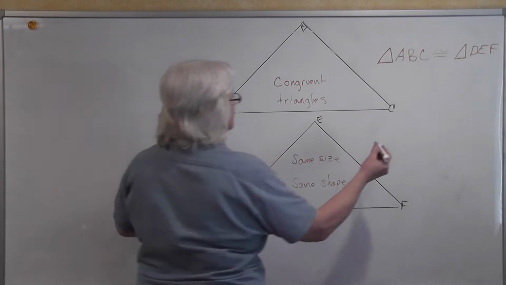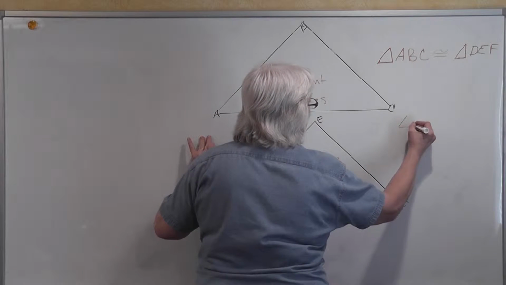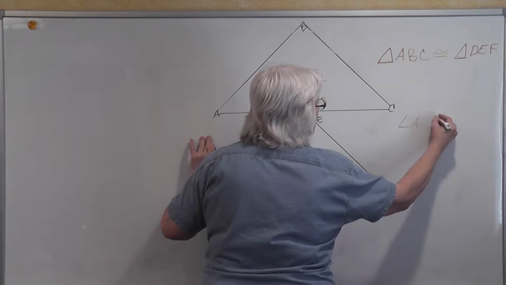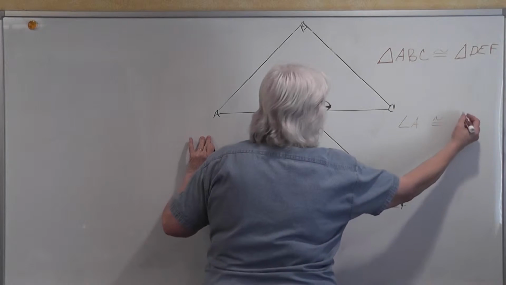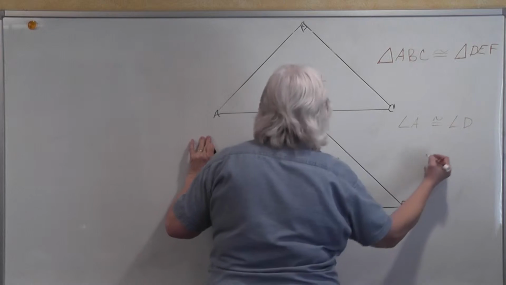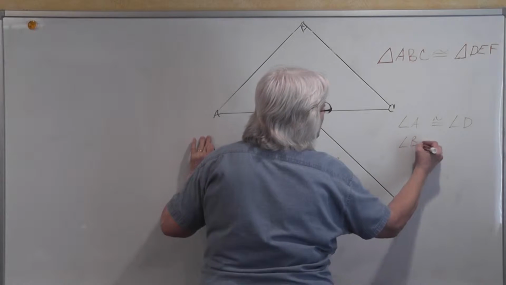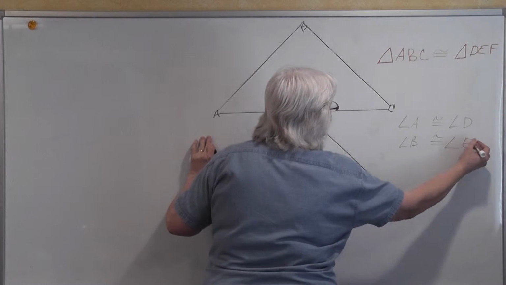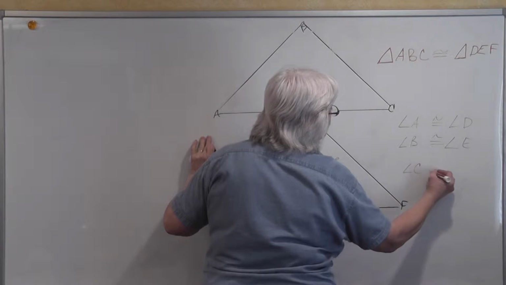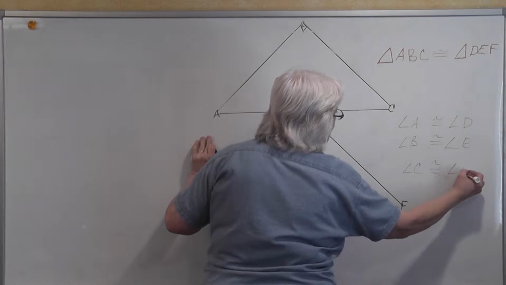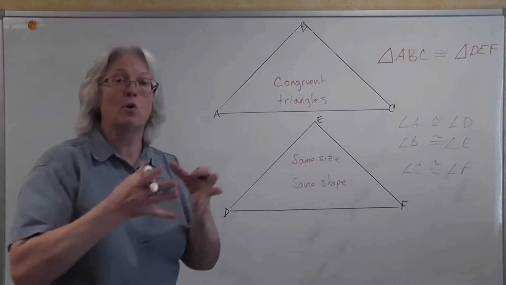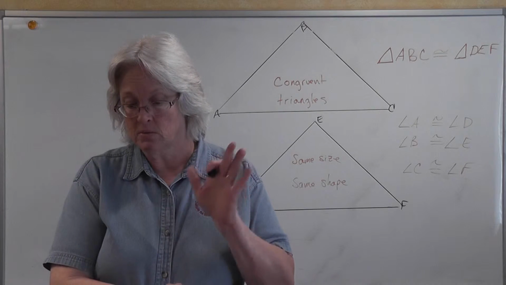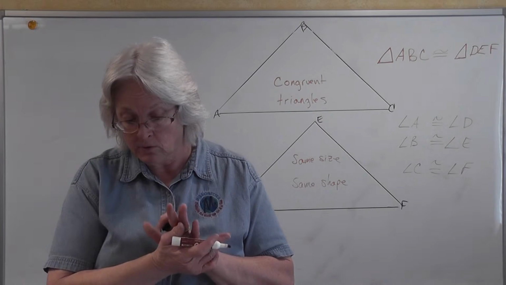Corresponding angles: angle A corresponds to and is congruent to angle D. Angle B is congruent to angle E. Angle C is congruent to angle F. Corresponding sides, corresponding angles, they match. When they match, they are congruent.